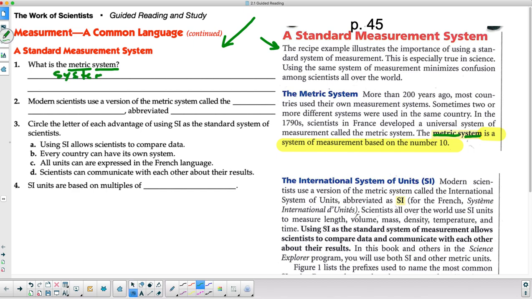A system of measurement based on the number 10. Good. Modern scientists use versions of the metric system called the SI.